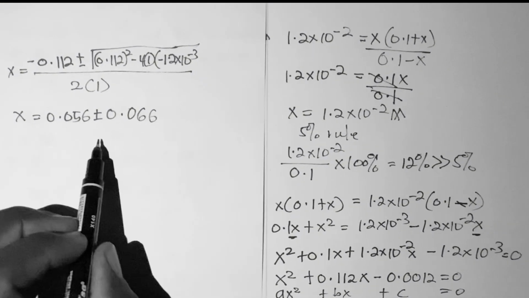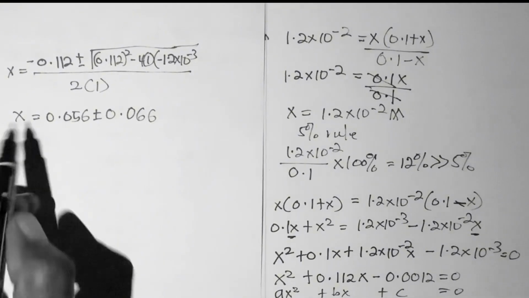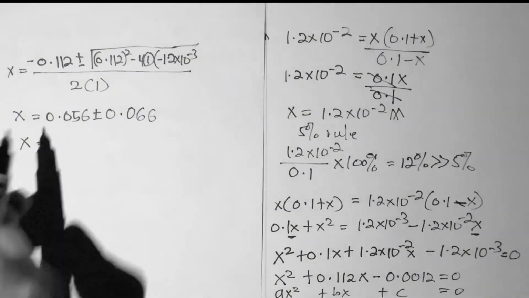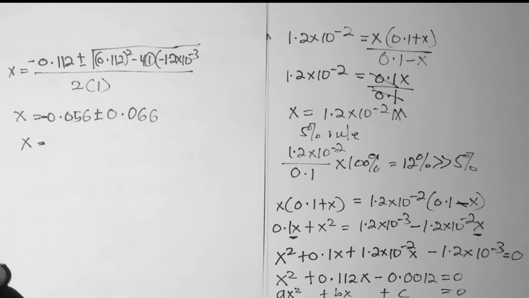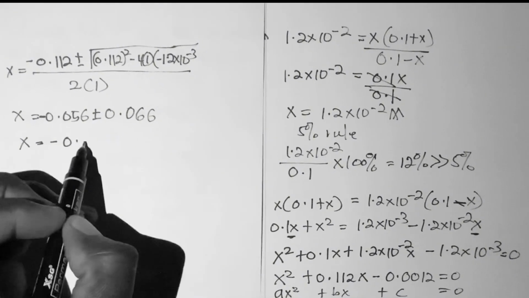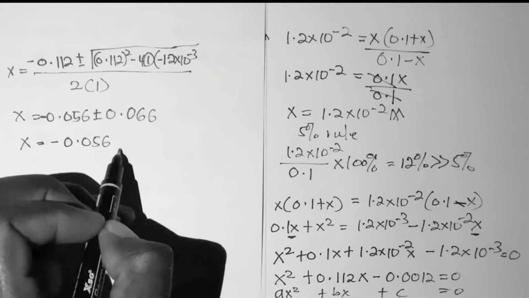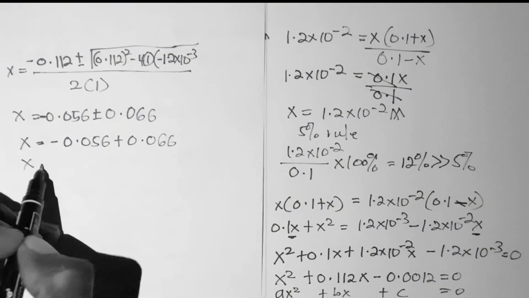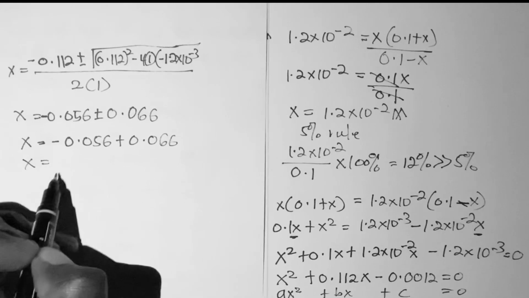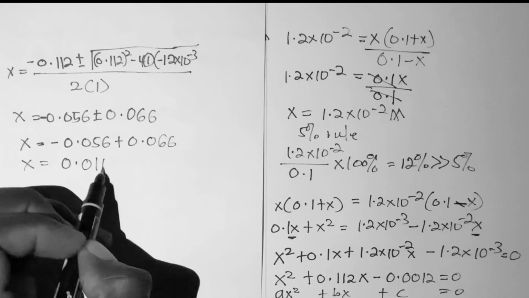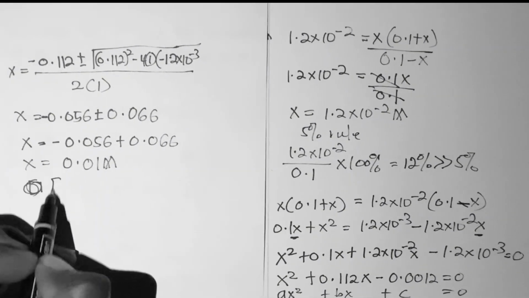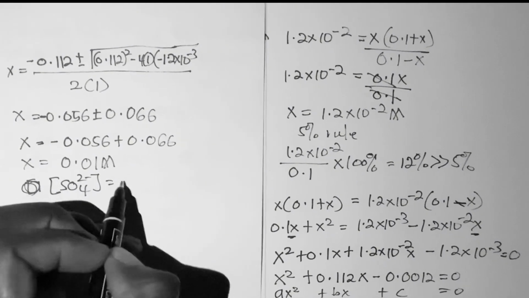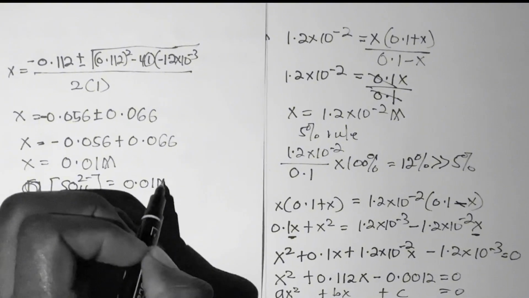Now, we cannot have negative concentration, and therefore, we are only going to take minus 0.056 and plus 0.066, and x will be equal to 0.01 molar. So what this means is that the concentration of the SO4 2 minus is equal to 0.01 molar.